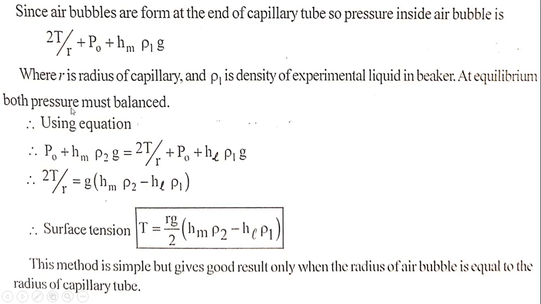At equilibrium, both pressures must balance. So P0 plus HM rho 2 G equals 2T upon R plus P0 plus HL rho 1 G, and therefore 2T upon R equals G into (HM rho 2 minus HL rho 1), and therefore surface tension T equals Rg upon 2 into (HM rho 2 minus HL rho 1).